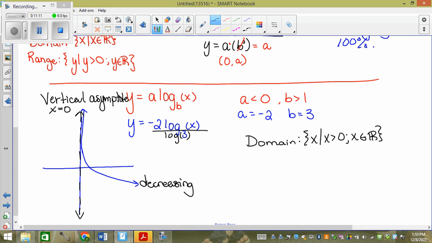Can't equal 0 because there's a dashed line. What's my range? y is an element of the reals. What about my y-intercept? There aren't going to be any, right? Because the asymptote's on it. So no y-intercepts.